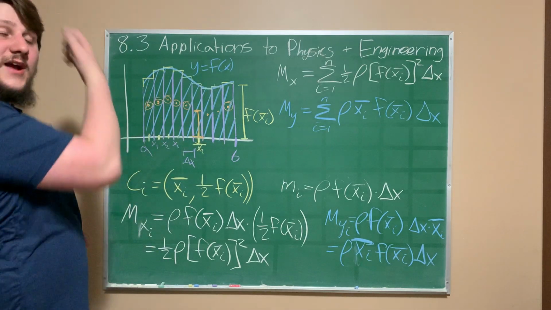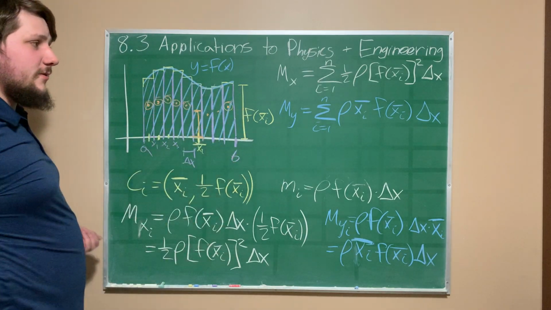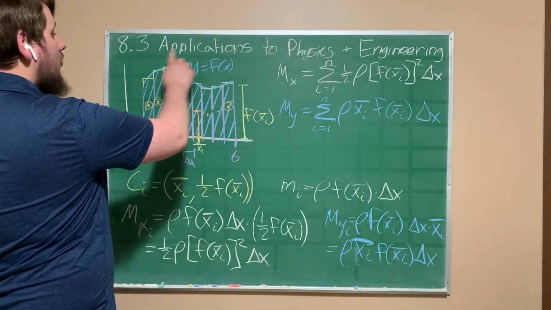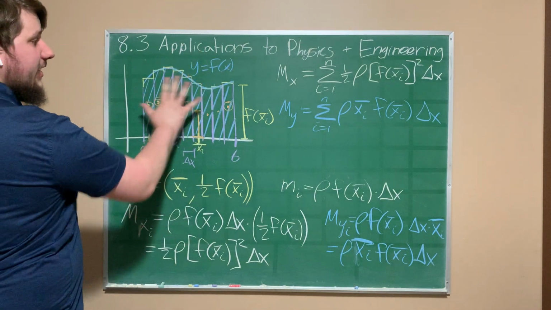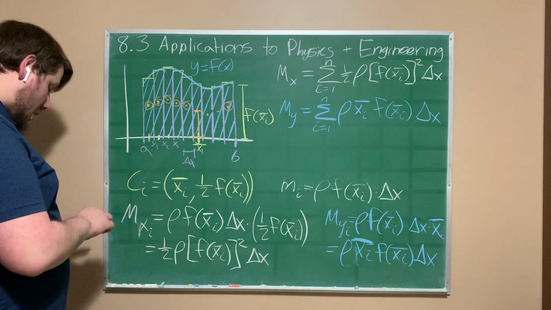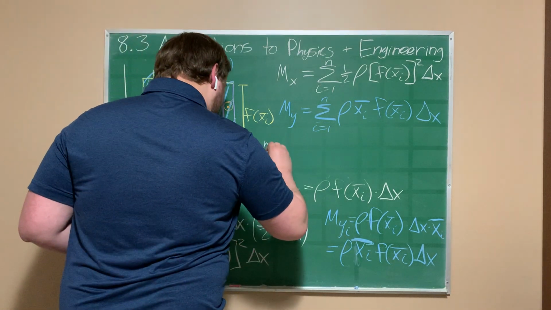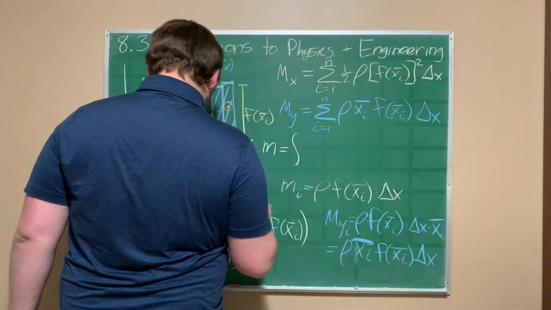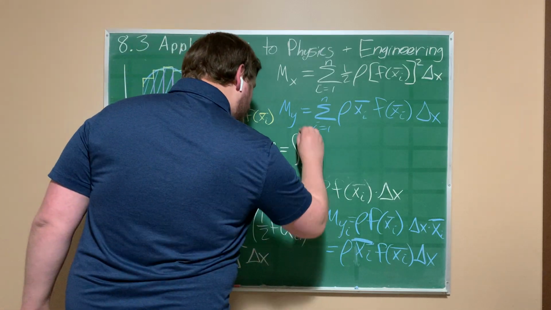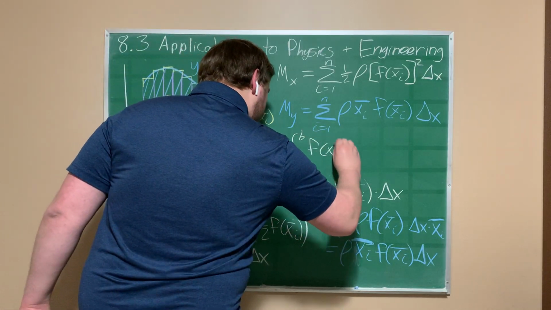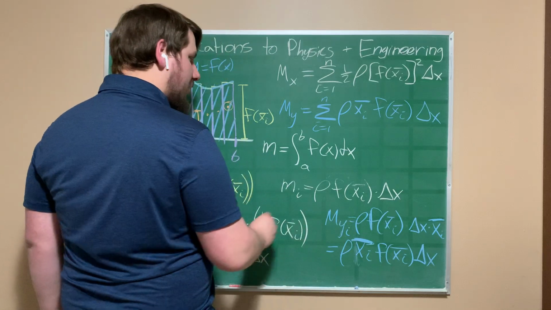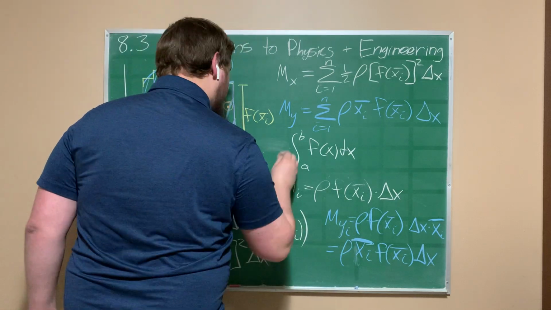I don't need to actually calculate each individual one and add them up. I know that the total mass of this system will be the total area times rho. Or in other words, m is equal to the integral from a to b of f of x dx, all multiplied by rho on the outside.